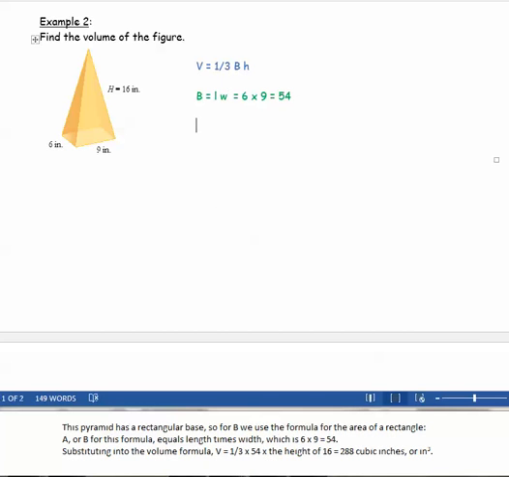Substituting that value into the volume formula for B, we get volume equals 1/3 times B, which is 54, times H, which is the height of 16 inches.